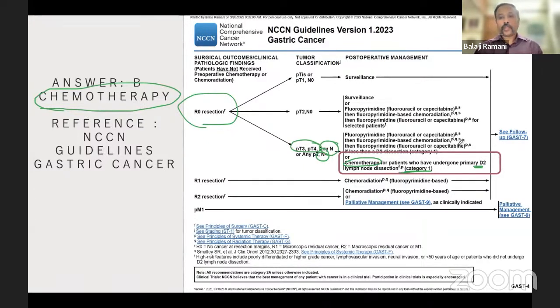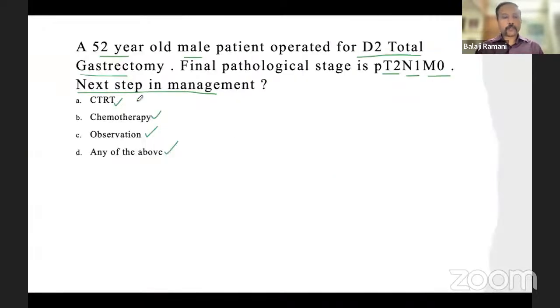On the other hand, if it is less than a D2 dissection, meaning a D2 dissection is not done, then the patient has to go for 5FU or capecitabine based chemoradiation. So that is why both the options have been given here.